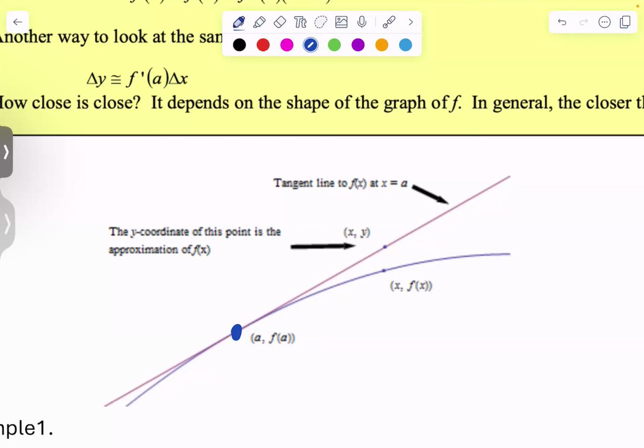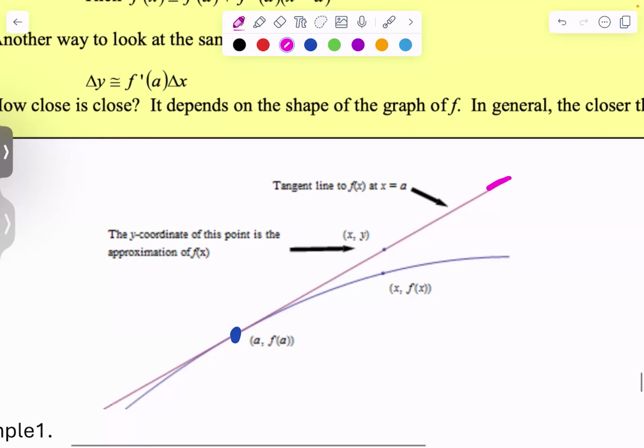The red line that you see, or pink, is touching the blue graph at exactly one spot. And the idea is the pink line is going to be a good estimate for the blue line.